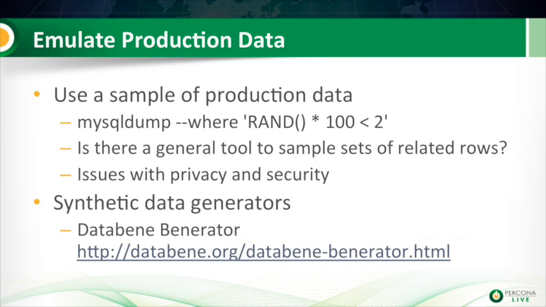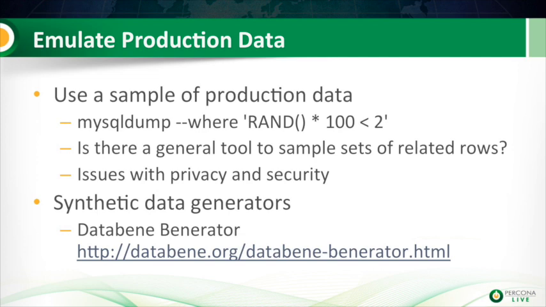That can be good for a single table, but the risk is if you have related tables, then it's very unlikely, with this random sampling, that it will actually select rows that match up to one another in the relationships. So that's not a perfect solution.